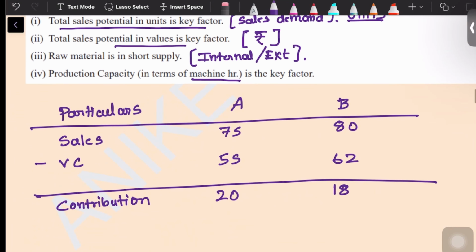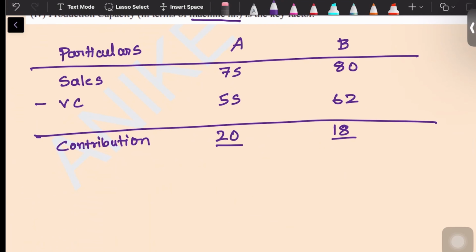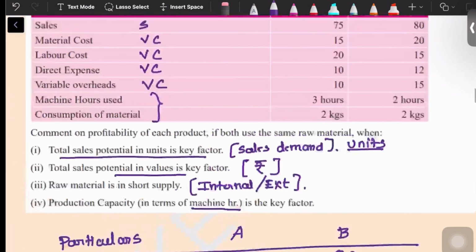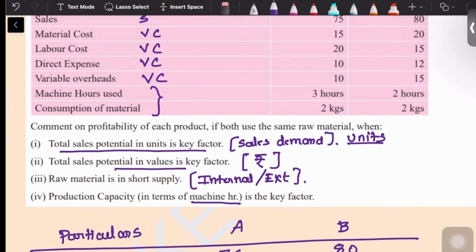So this is how the contribution per unit will look for A and B. 75 minus 55, 20. Then 80 minus 62 is 18. This is contribution per unit. So first case we will take. Total sales potential in unit is key factor.